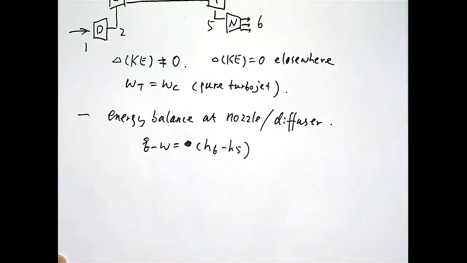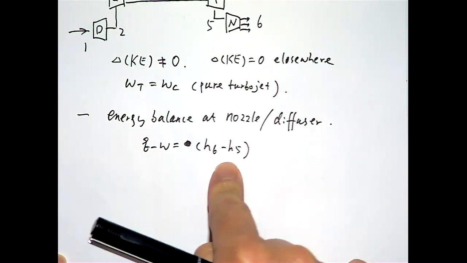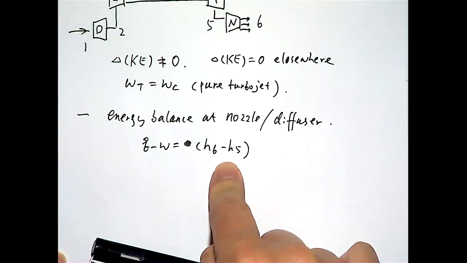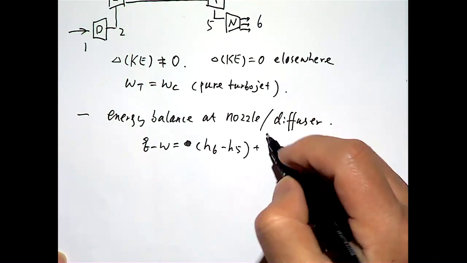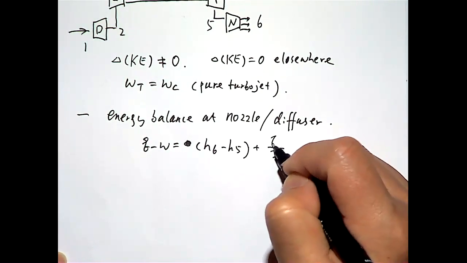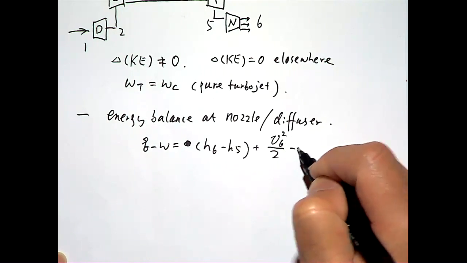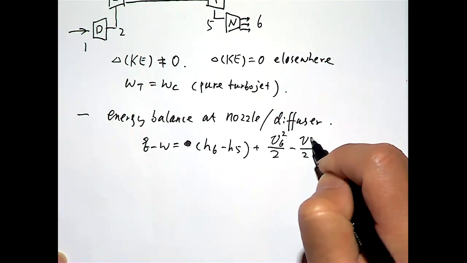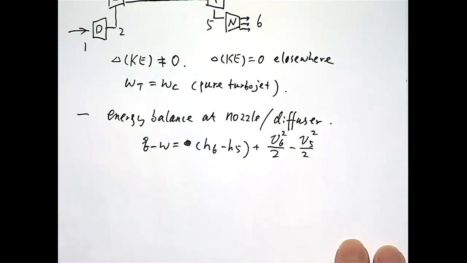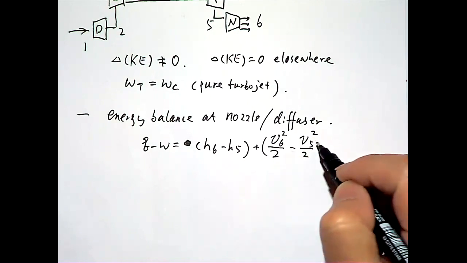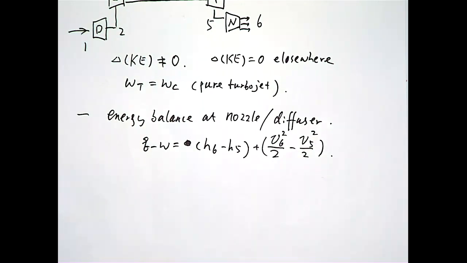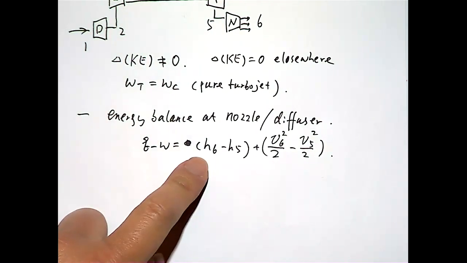So that's the change in enthalpy. And in this process, you cannot ignore the change in kinetic energy: V6 squared divided by 2 minus V5 squared divided by 2. That's the change in kinetic energy, right? So that follows the first law.